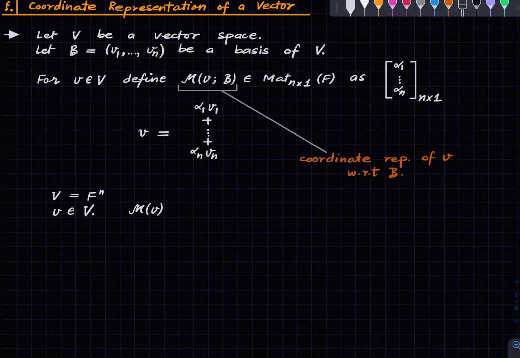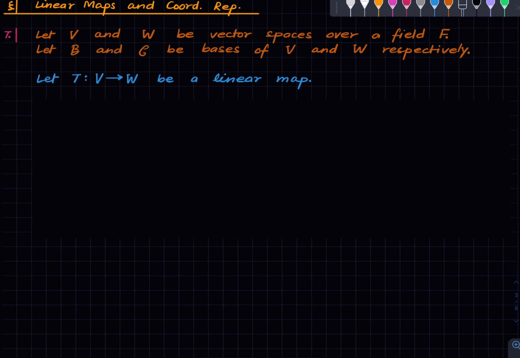We may just write mV to mean the coordinate representation with respect to the standard basis. So in coordinate spaces, we have a natural basis, and hence this is not ambiguous.